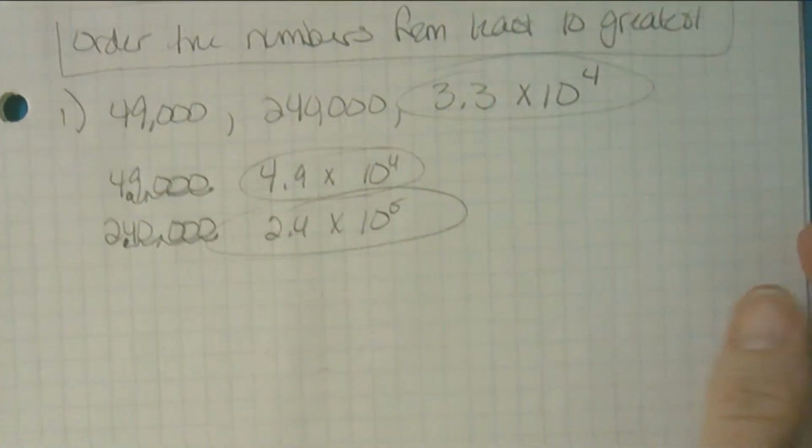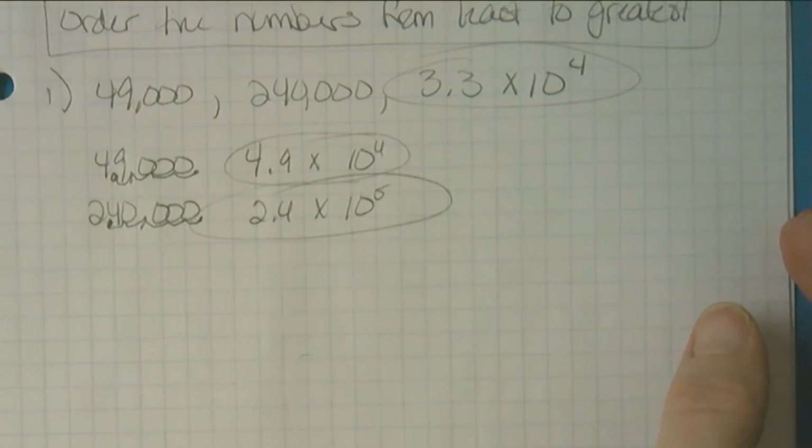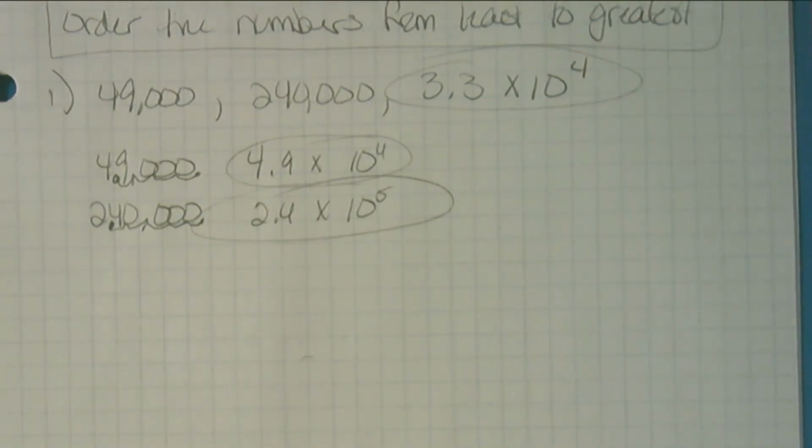Okay, so someone tell me now, what am I looking at first? What's the first thing I need to look at? Brendan? So what can you tell me by your analysis of the exponents?